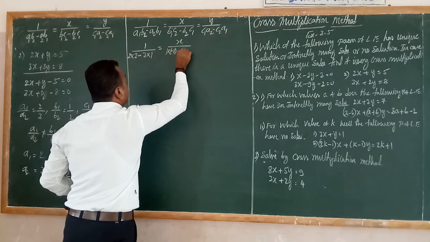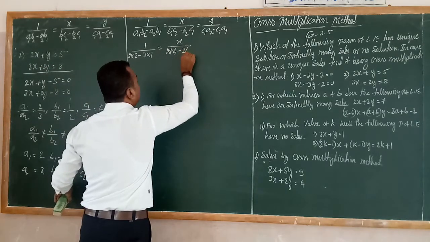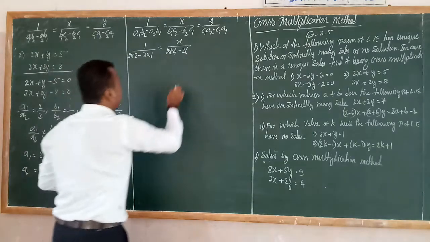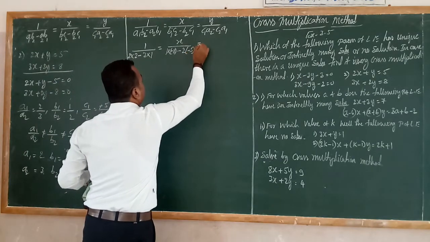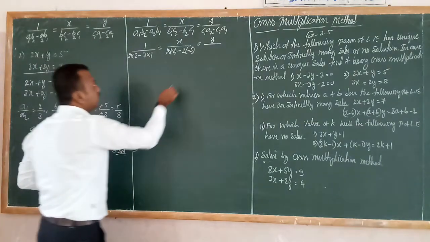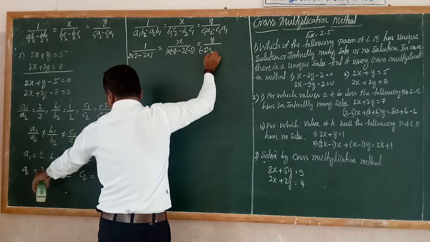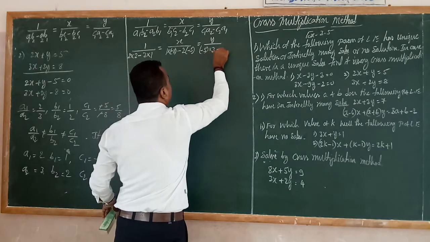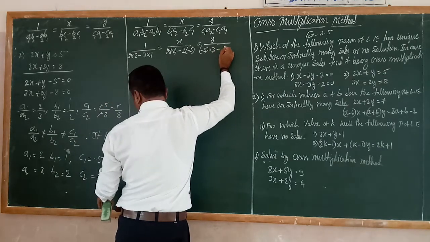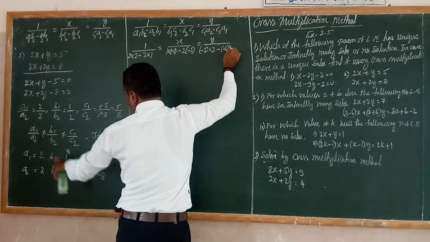Then minus of b2 means 2, into c1 means minus 5. It is equal to y upon c1 means minus 5, into a2 means 3, minus c2 means minus 8, into a1 means 2.